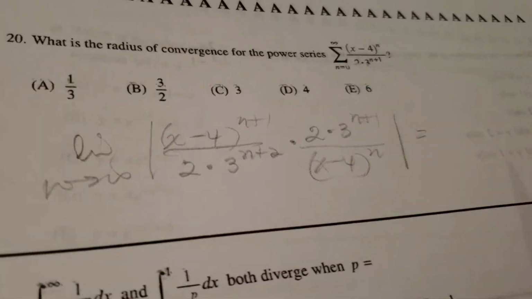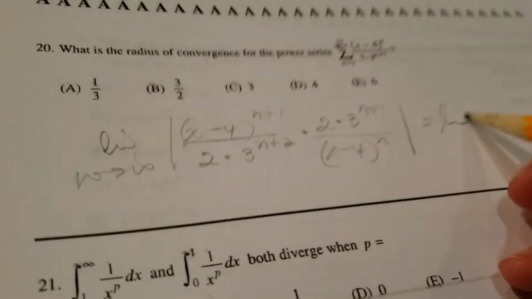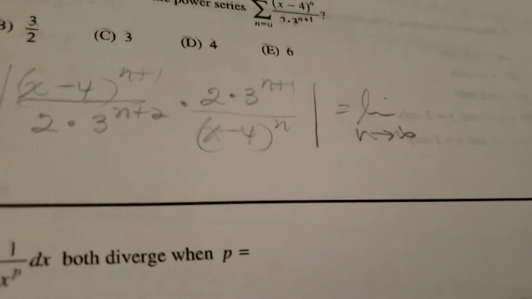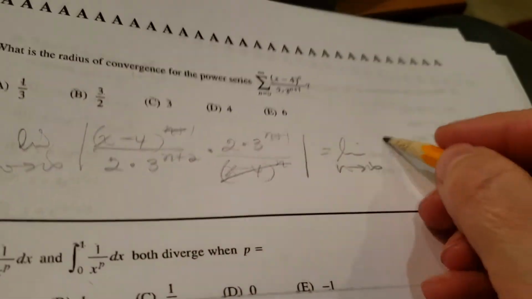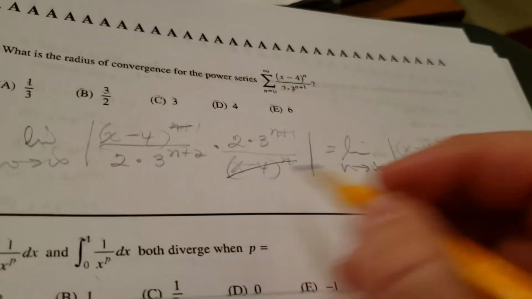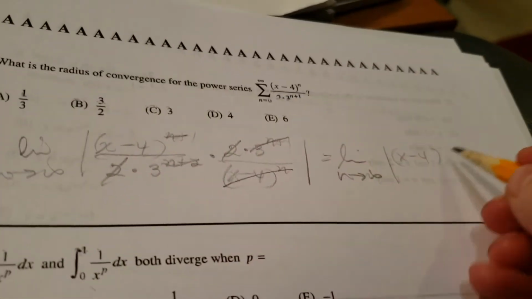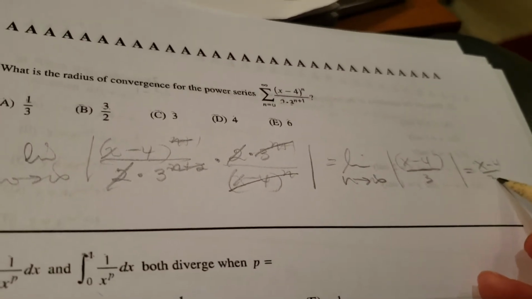Okay, and let's be careful. Here we want this to be less than 1, remember? Let's see what we get. So this cancels with that, so we get x minus 4. 2's cancel out, and we have 3 in the denominator. So the answer is x minus 4 over 3. It has to be less than 1 to converge.